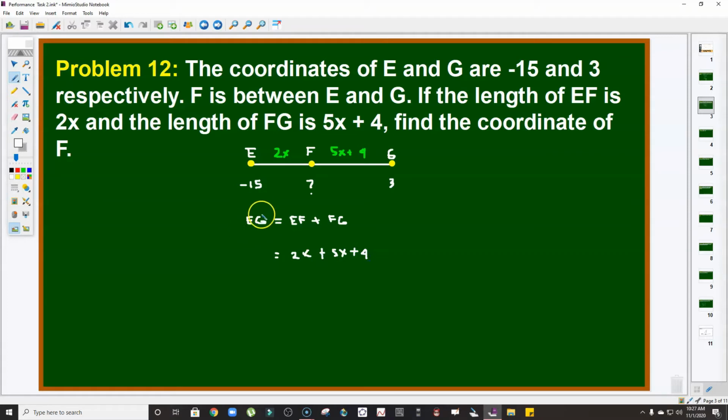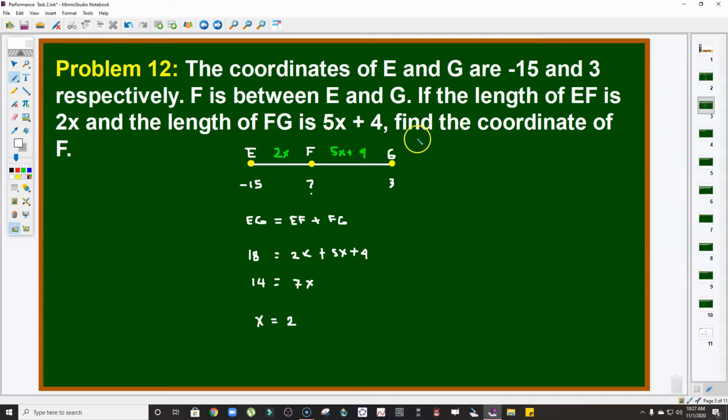But what's the length of EG? Note that the length from negative 15 to 3 is equal to 18, or simply 3 minus negative 15, that will give you positive 18. Combine like terms. This one will become 14, transpose the 4, then this one will become 7x. Therefore, x is equal to 2.